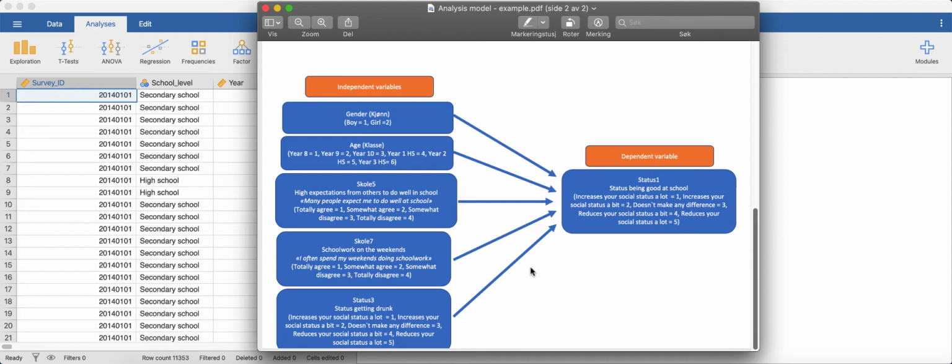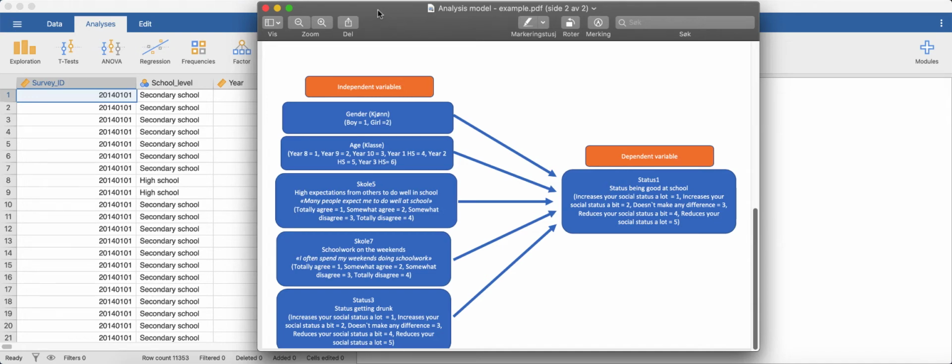You don't have to make it like this, but it helps you keep track of the short names, because these short names are the ones you have to look up when you're working with your data, and how they are measured, for example. It's really much easier to have some type of overview at least.